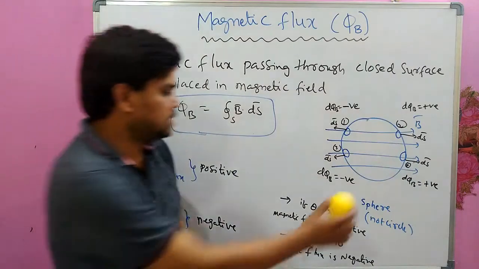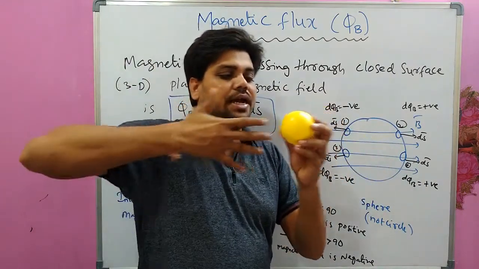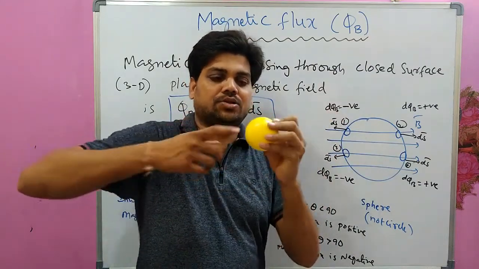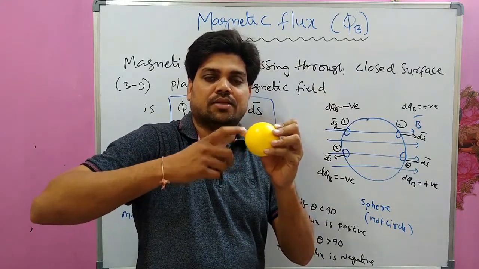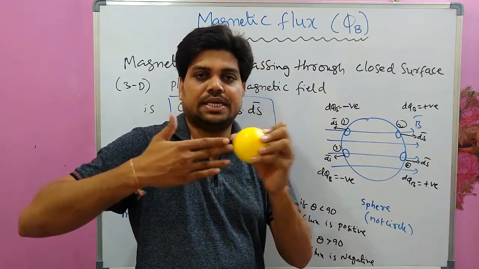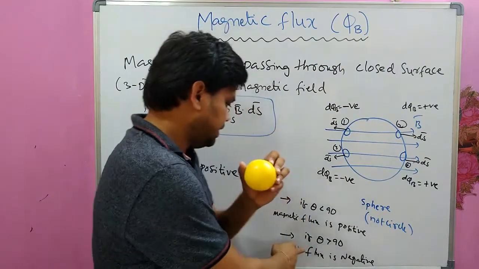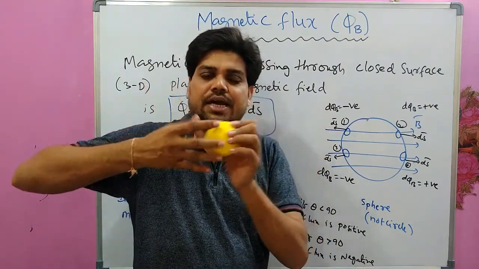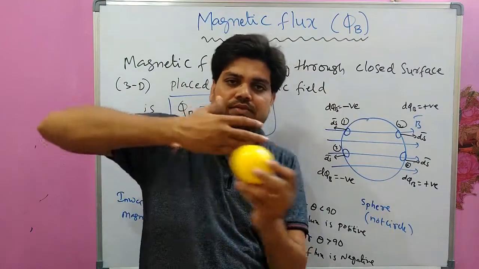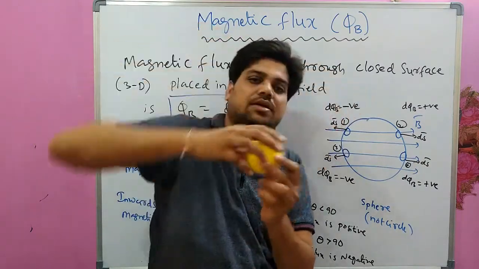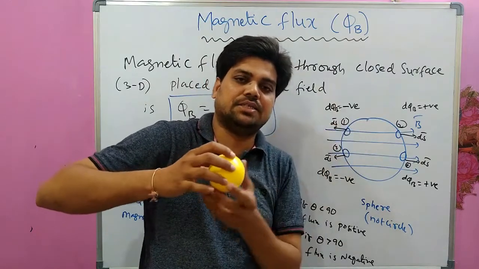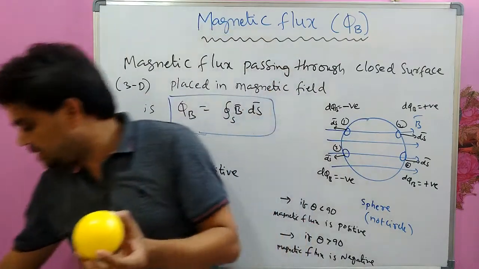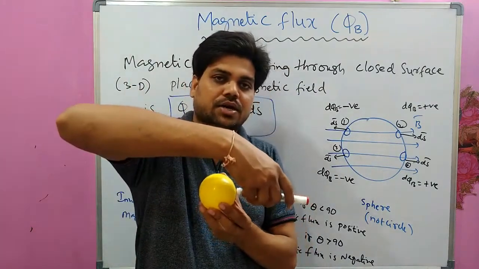See, it is just like this. Magnetic field lines are entering from this side, so the magnetic field direction is this way. At this particular side, the flux is entering. The theta is greater than 90, so flux is negative, inward flux. And these magnetic field lines are coming out of this surface. It is a closed surface. They are entering into it and coming out of it. Here the magnetic field direction is this way and the area vector direction is this way for this side, because the area vector is always the perpendicular outward normal.